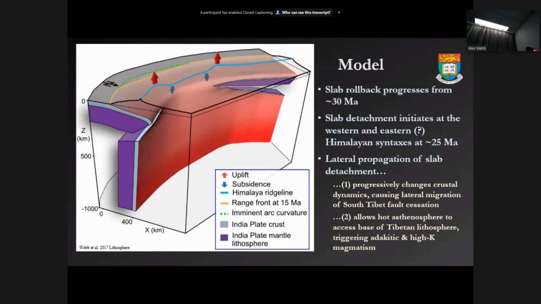And also from other similar work, we infer that there is a second breakoff from the eastern syntaxis, the eastern end of the Himalaya, that's propagating much more slowly towards the east central Himalaya. They both would have started around 25 Ma, and they both work their way in and finish around 12 Ma.